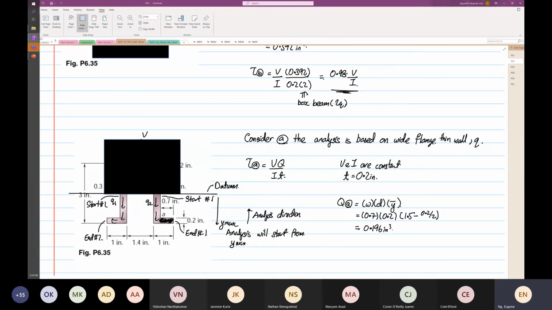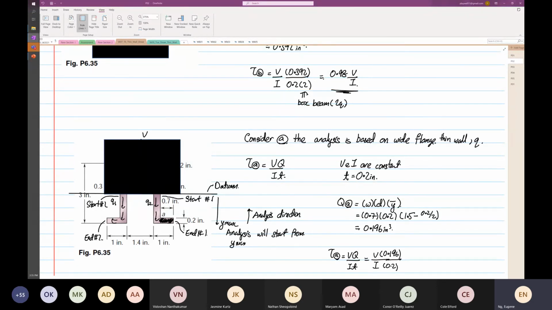From here, we're going to find the shear stress at point A. This is equal to VQ divided by IT. V, I don't know what it is; I did not bother to calculate. Q is 0.196, and the thickness is equal to 0.2.